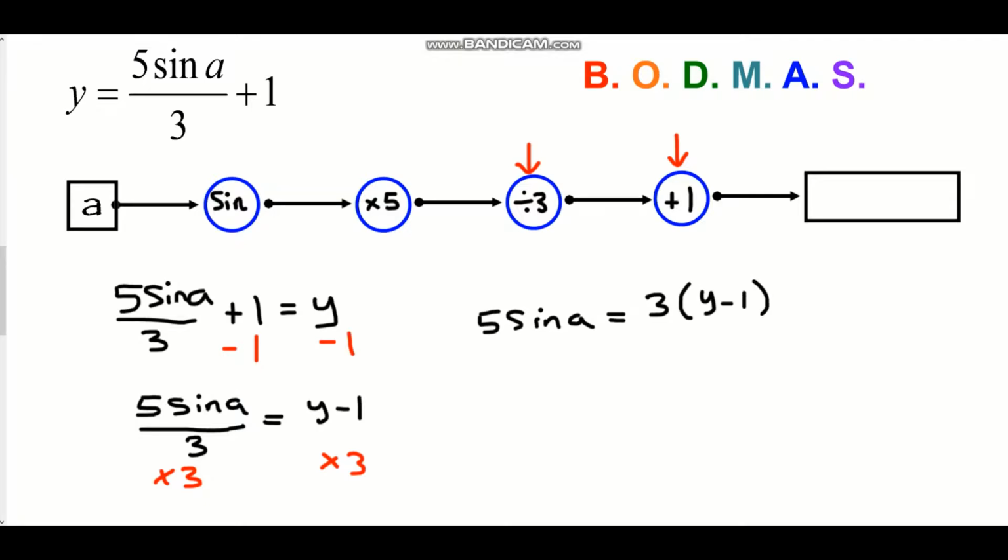Again, if you wanted to multiply this bracket instead of having a bracket, that's absolutely fine. You could have 3y take away 3. The next step, undo a times by 5. You do that by dividing by 5 on both sides of your equation.